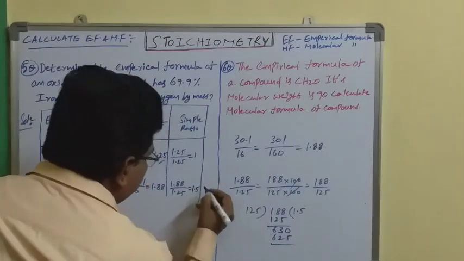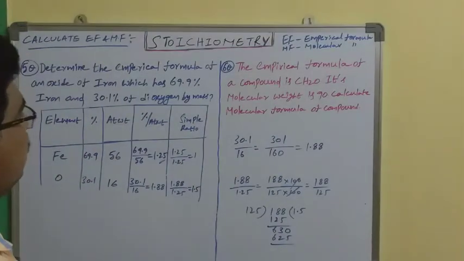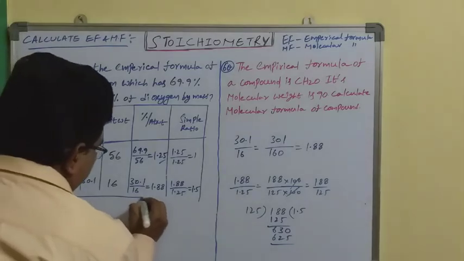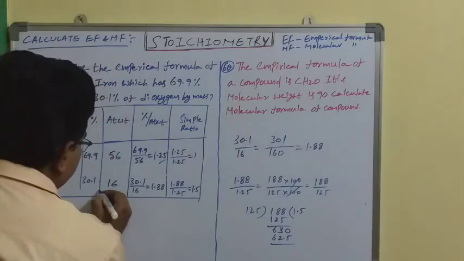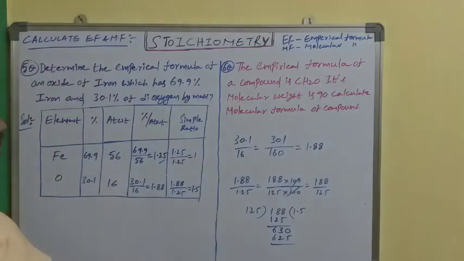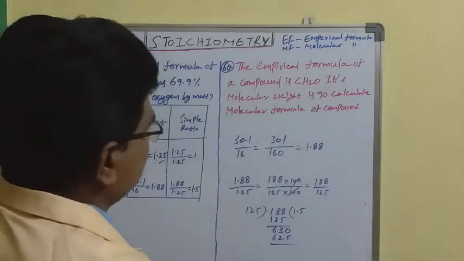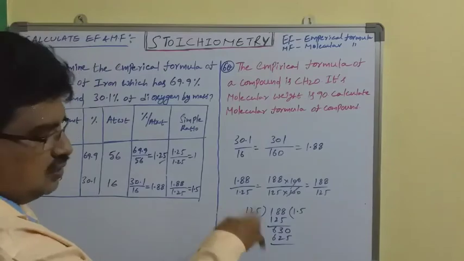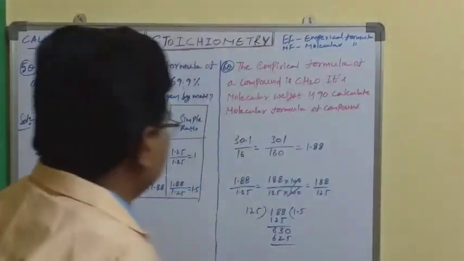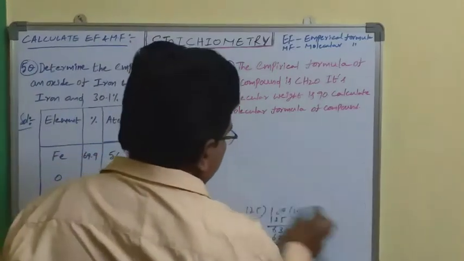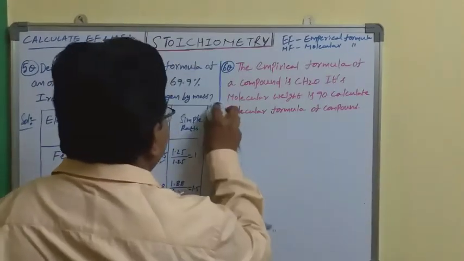1.5. In the simple ratio we got 1.5. We have to convert it to a whole number ratio. Note this one, students. I am doing the whole number ratio here.